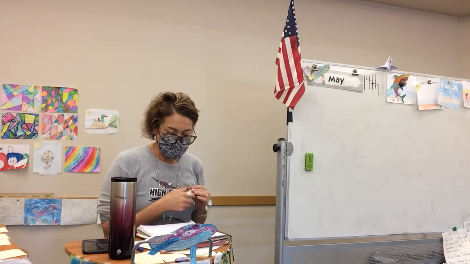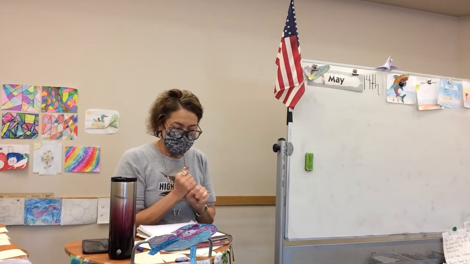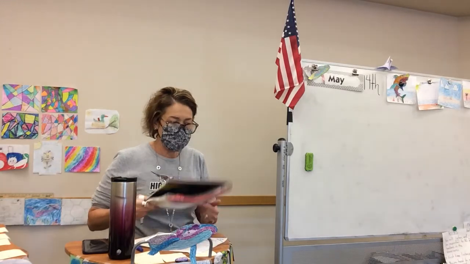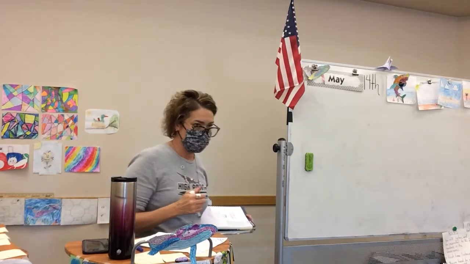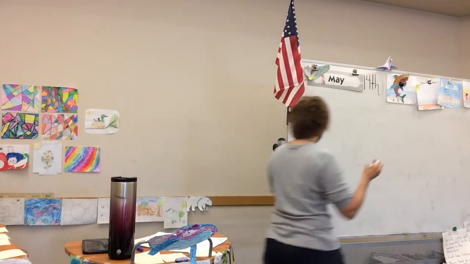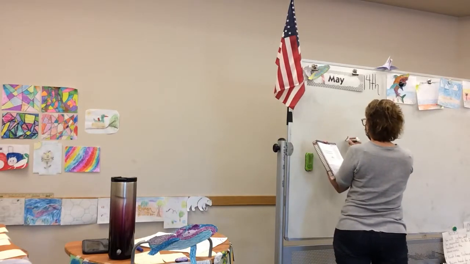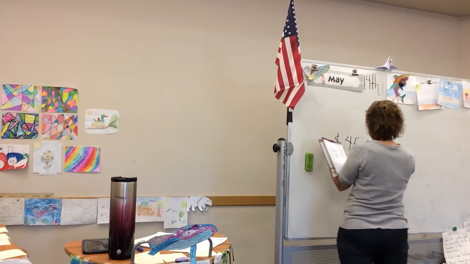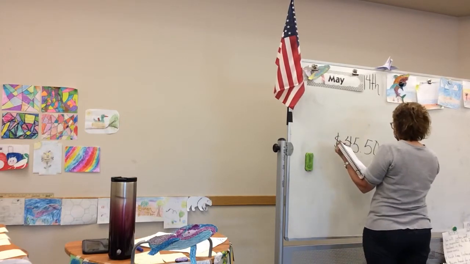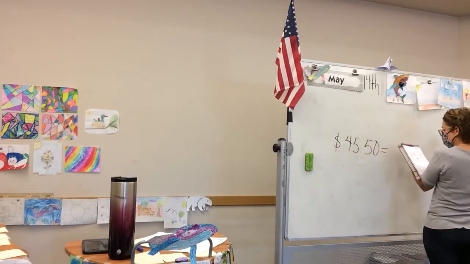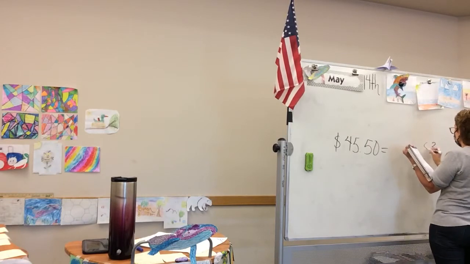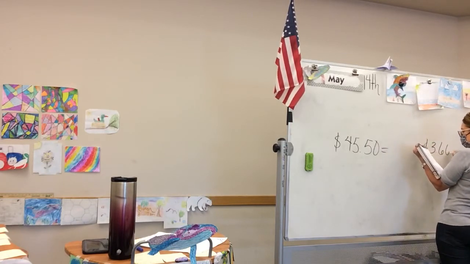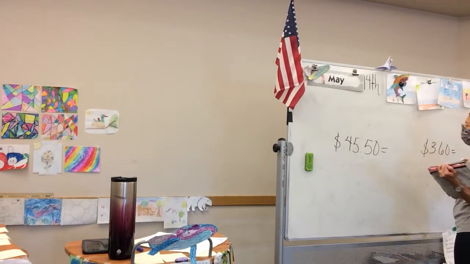Very, very good. All right, so I'm going to write some dollar amounts, and we're going to round to the nearest dollar. So how do we do that, friends? If we have $45.50, what does that equate if we round it? And if we have $3.60, what are we going to round that to?